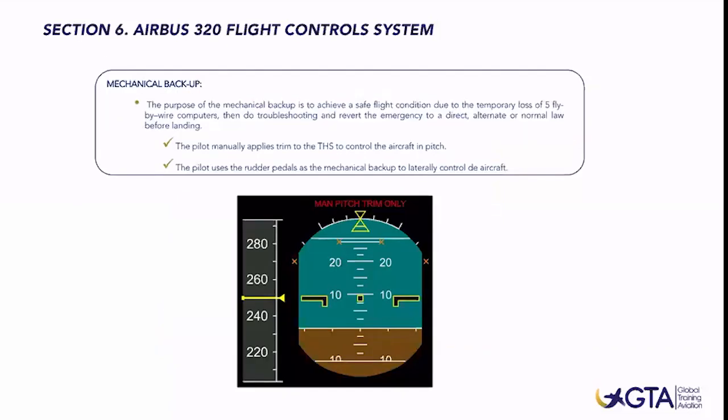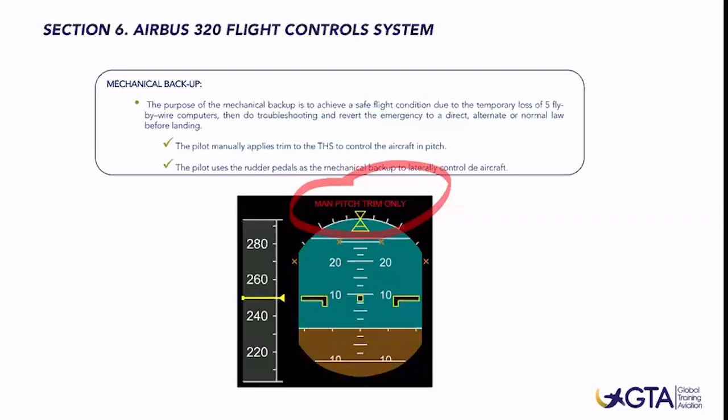Well, mechanical backup. If we lose all the flight control computers, we'll get into the mechanical backup. In this case, we'll get MAN PITCH TRIM ONLY in red color on the top part of the PFD. Now, this mechanical backup law is designed just to keep the airplane safely in flight in safe conditions.